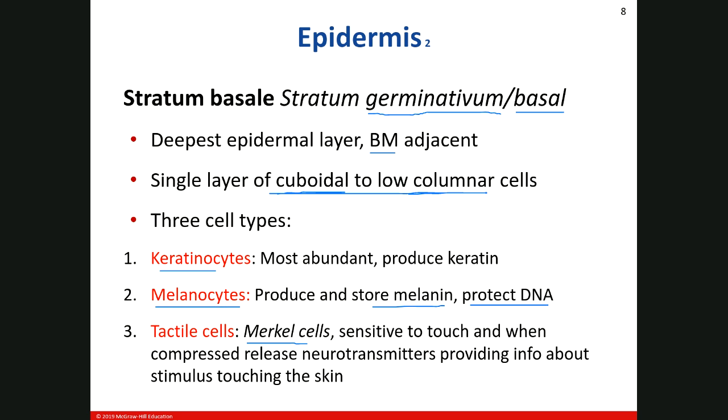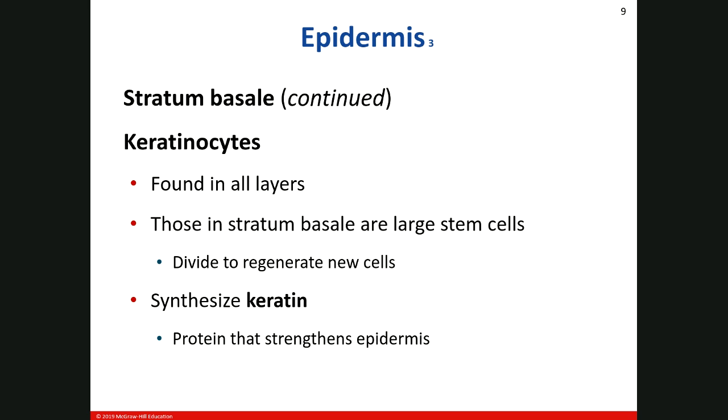We also call those Merkel cells. These are the ones when there's a compression going on, they release that chemical, that neurotransmitter, and that's going to stimulate a close by neuron, and it sends that information to the nervous system saying that I'm touching something or something's touching me. So those are our tactile cells.